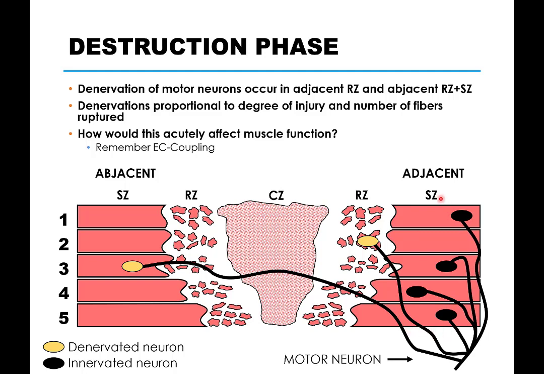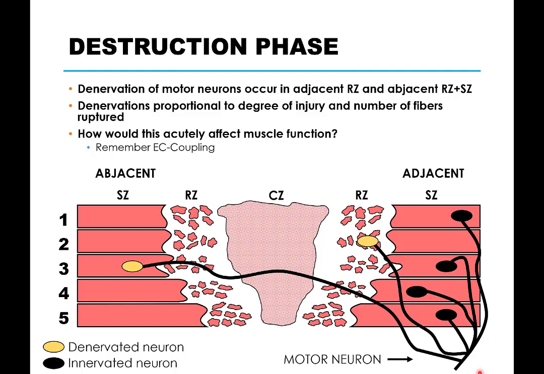It remains connected, and EC coupling and therefore muscle contraction can still occur here. Remember, the surviving zone contains undamaged and unnecrotized portions of the muscle fiber. This again means that EC coupling and thus contraction can happen in this segment of the muscle fiber on the adjacent side, the side of the motor nerve.